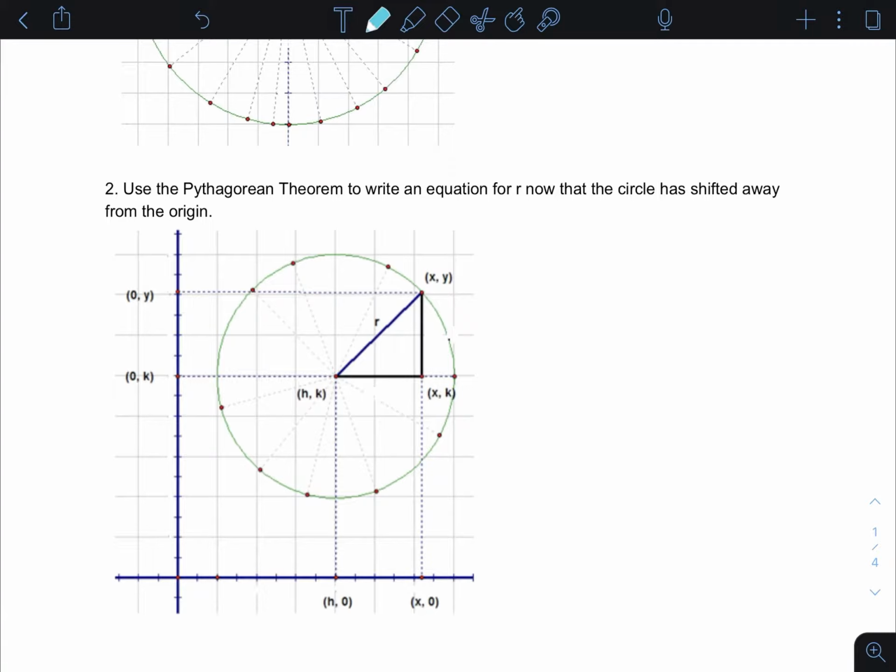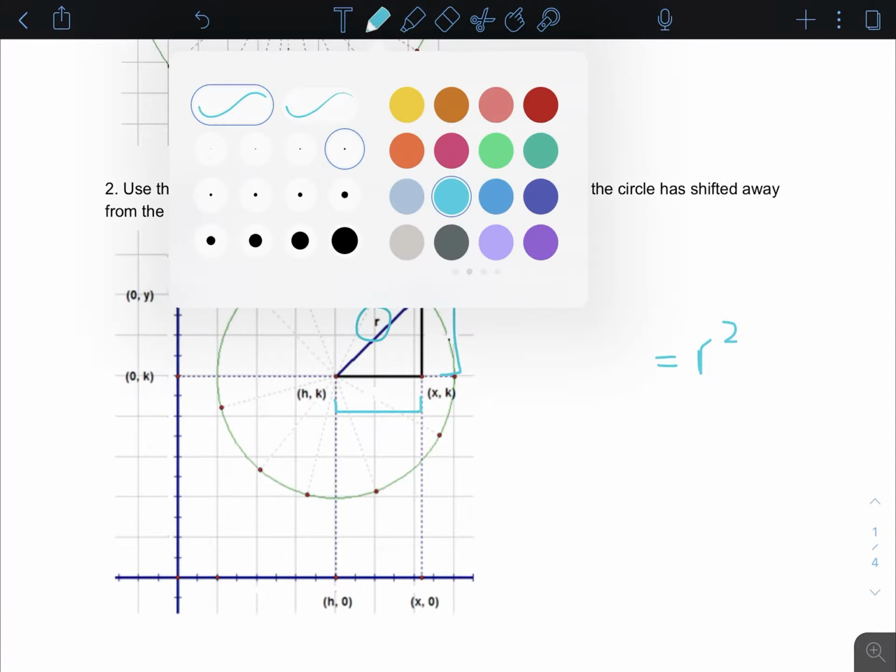So in order to use Pythagorean's theorem, we need to know distance. So we already know the distance of the hypotenuse. That's going to be r squared. So that stays the same. But our distance here and our distance here is different.